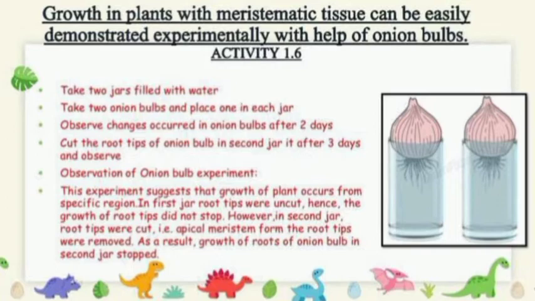However, in the second jar, the roots were removed. As a result, the growth of the roots of the onion bulb in the second jar has stopped. So this proves that the meristematic tissue is present at the growing regions. Clear? So that's why the growth of the roots in the onion bulb has retarded.